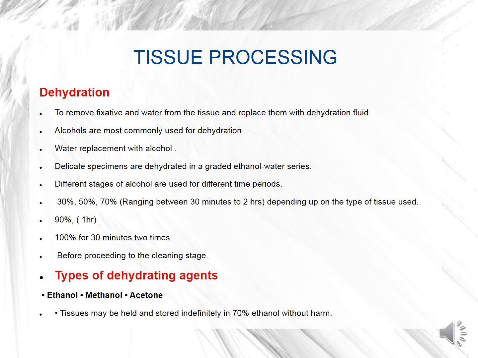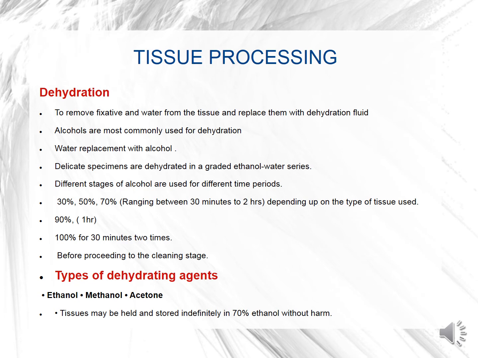Ranging between 30%, 50%, 70%, it is 30 minutes to 2 hours, depending upon the type of tissue. In 90%, we keep for 1 hour. In 100%, either 30 minutes or 1 hour, and we have to change it 2 times before proceeding to the cleaning stage.